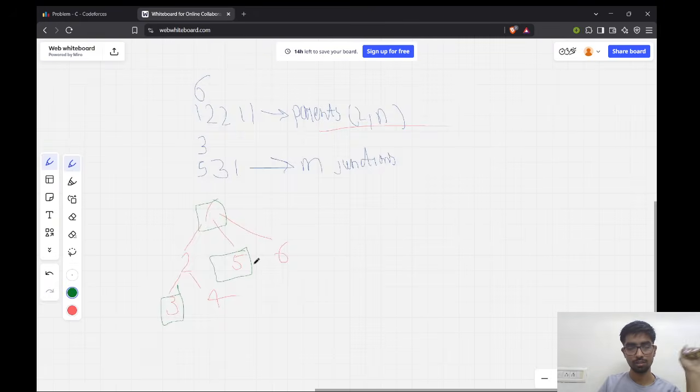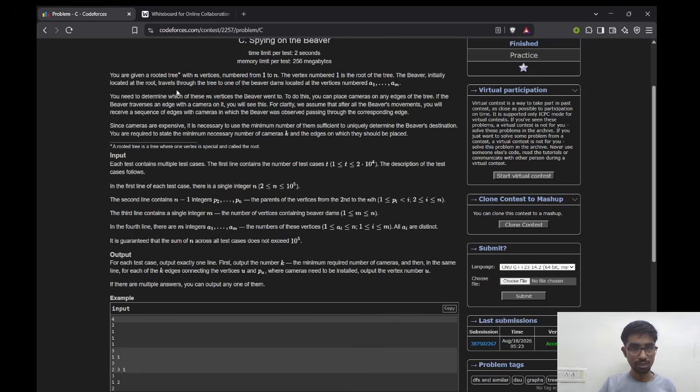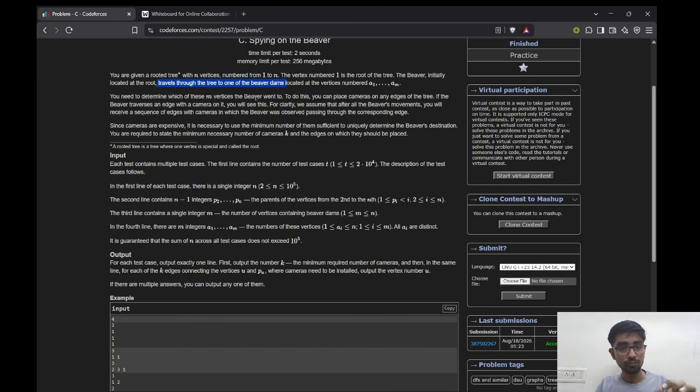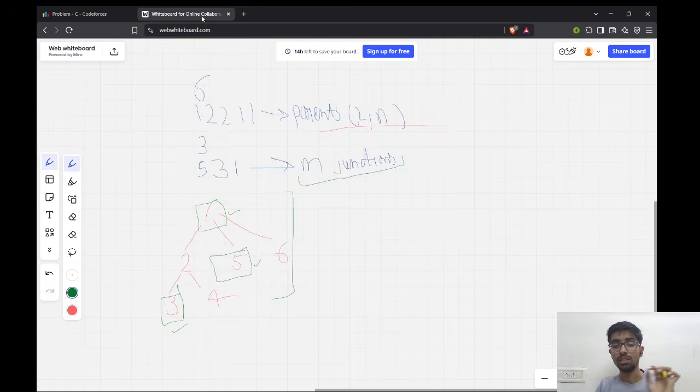One thing that is given in the problem statement is that the player travels through the tree to one of the beaver dams, which means it is sure that he would be visiting the dams.